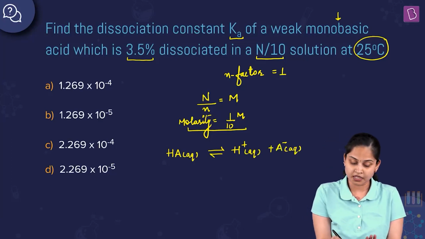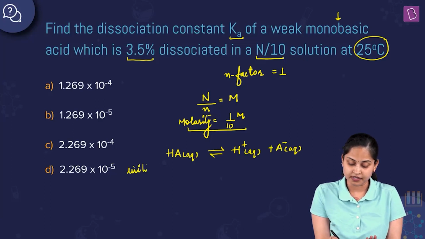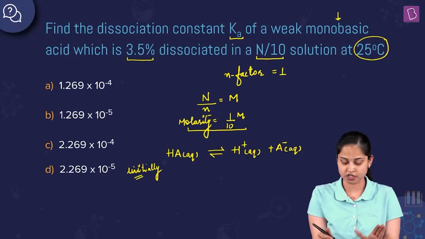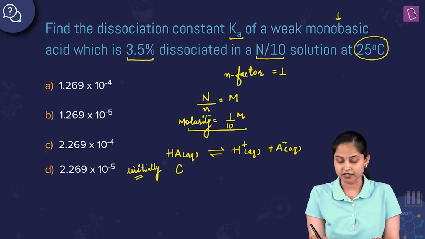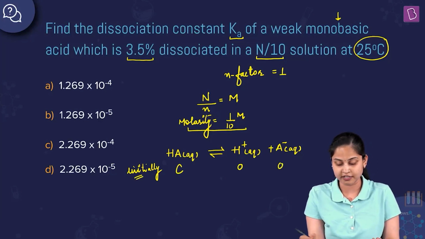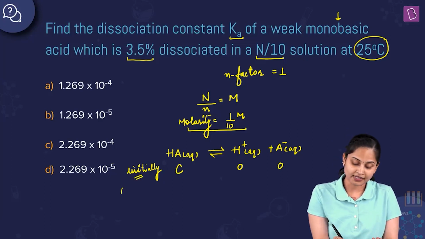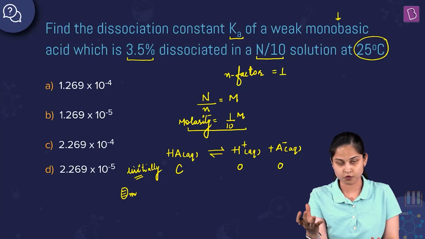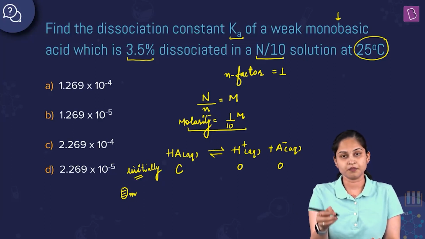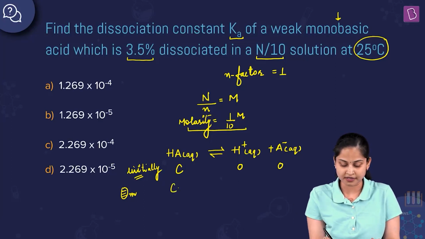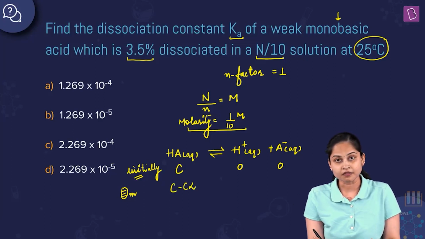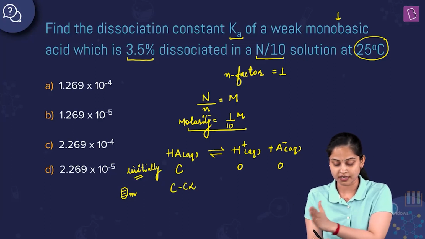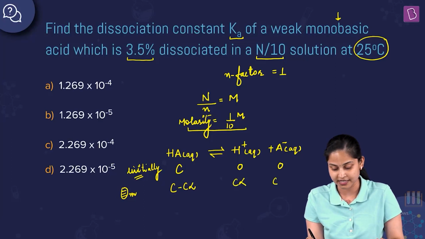Initially, let us consider the concentration of HA be equal to C and the concentration of H positive and A negative be equal to 0. But at equilibrium, when 3.5% of the acid got dissociated, let the concentration of HA be C minus C alpha, and the concentration of H positive and A negative will be C alpha and C alpha.